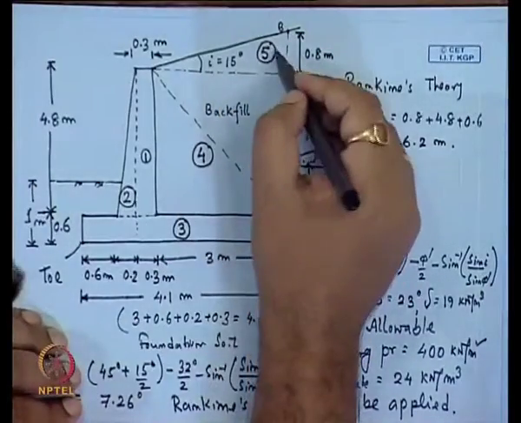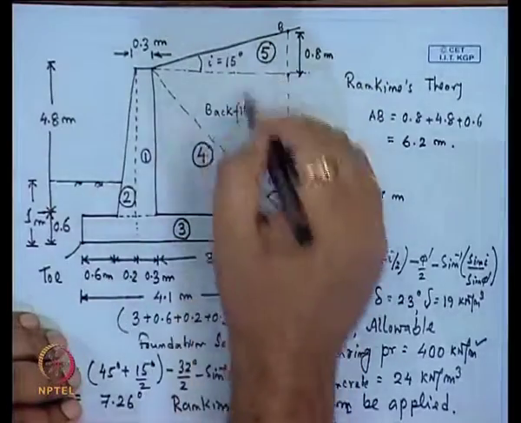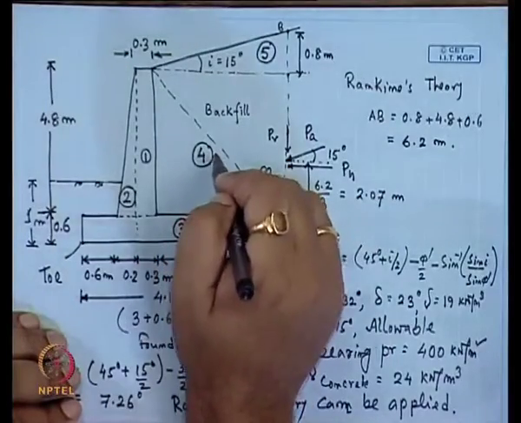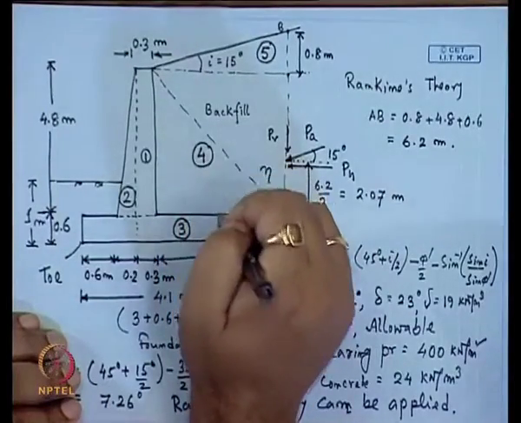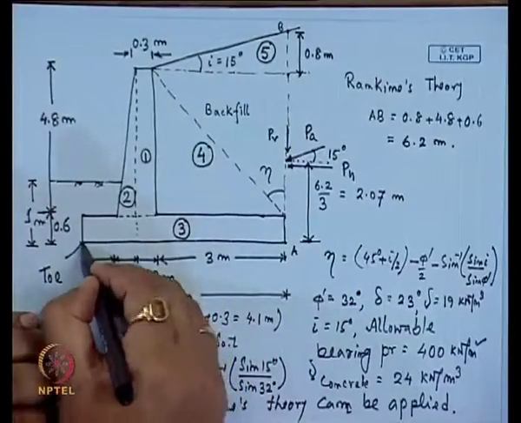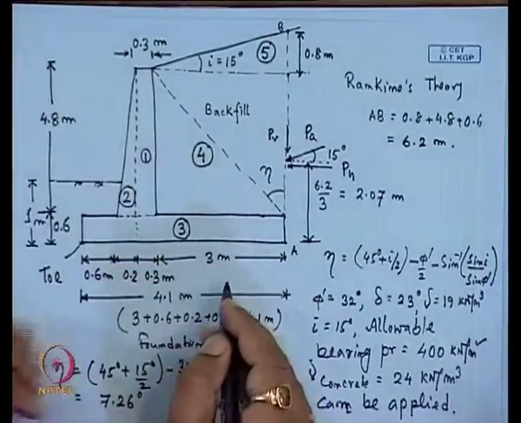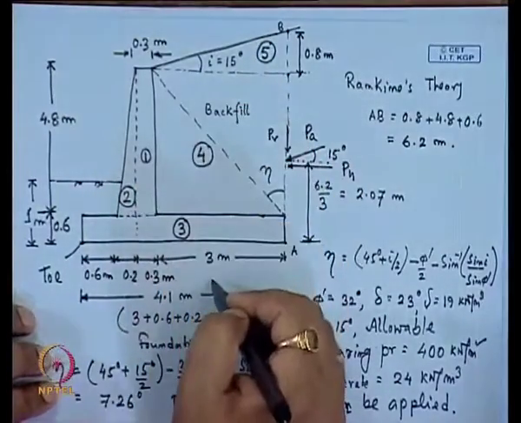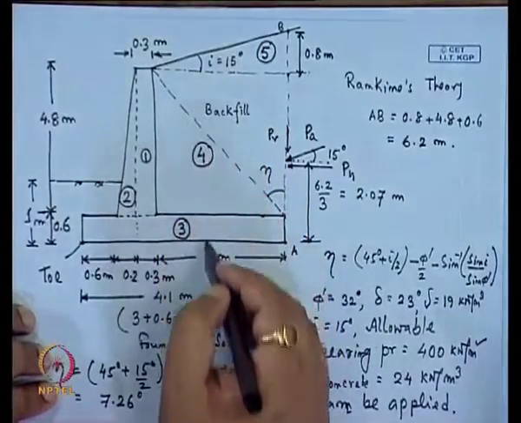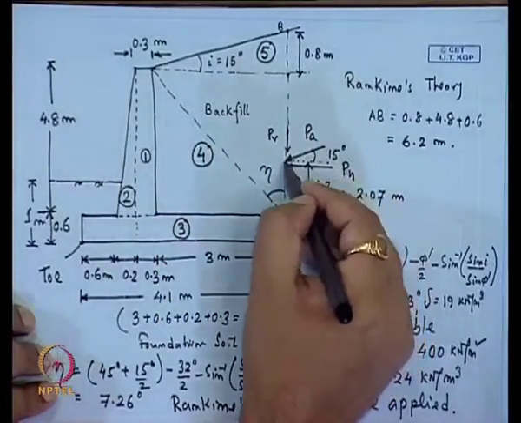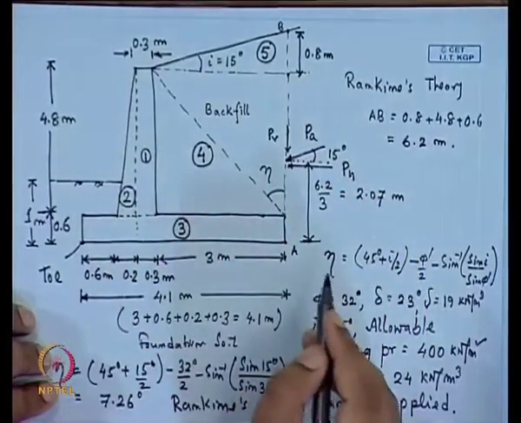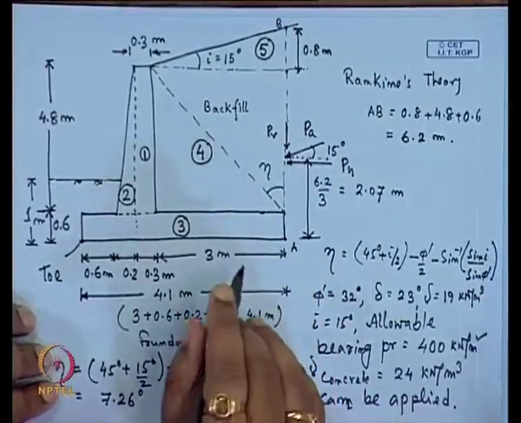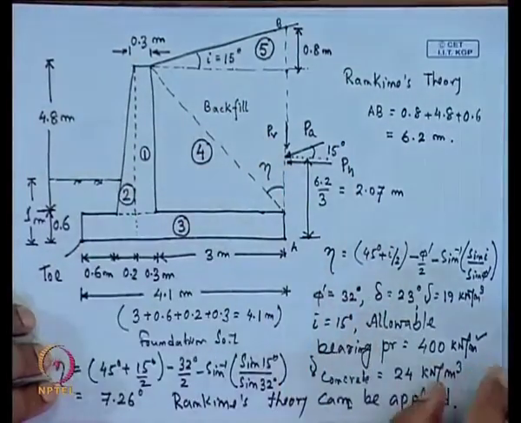Now, we have to determine the individual weight of these 5 zones, their centroids where these weights are acting, and then the moment with respect to the toe. All these things we have to calculate, because these 5 zones give the vertical force, and that will also give the resistive moment, and this P A will give the overturning moment. So, first we have to calculate the weight of the different portions of this total system.